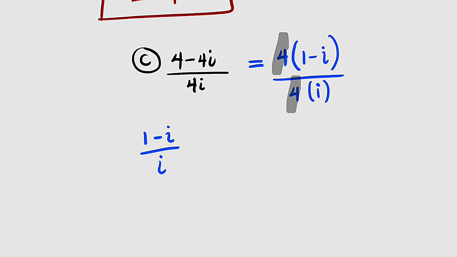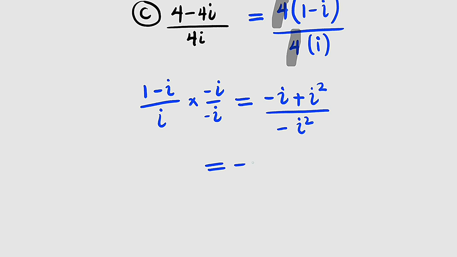So what is the conjugate of i? It's just negative i. So you can multiply the top and the bottom by negative i. So to the top, it becomes negative i, negative is plus i squared. Divide by negative i squared.